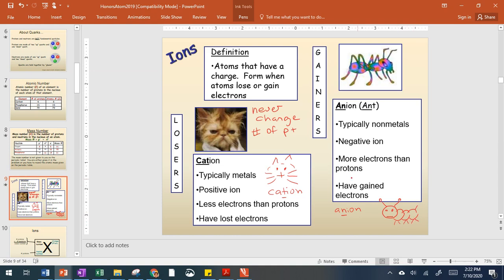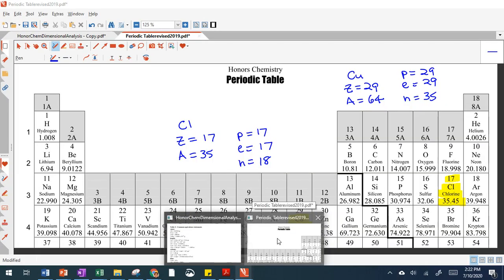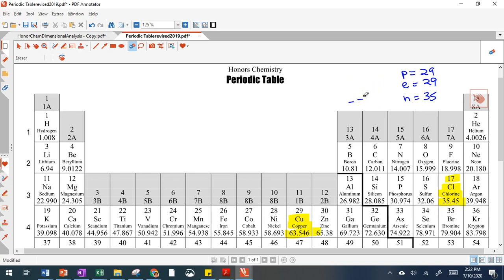Okay, so I want to bring up your periodic table to show you some different patterns with the charges and also review where the metals and nonmetals are. So I'm going to erase what I wrote on this previously. And on your periodic table, I want you to label some different regions.